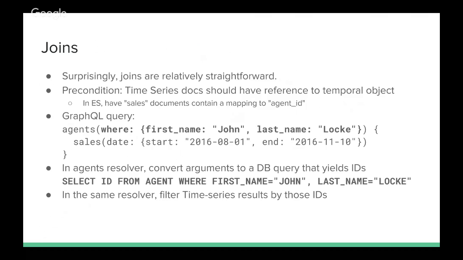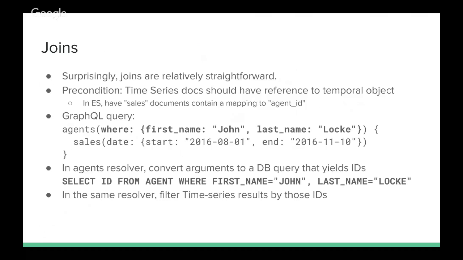I haven't really addressed much the joining side of things, how that might happen. So it's actually, in my opinion, pretty straightforward if you're following this kind of an approach to your query structure. The precondition being that your time series documents should obviously have some kind of a reference back to the Postgres or some other database's object that those things are associated by. So in ES, we have a sales document that contains a mapping to the agent that owns it.